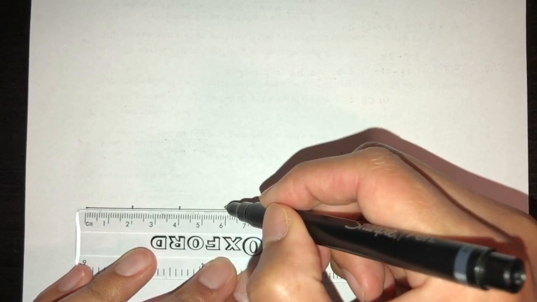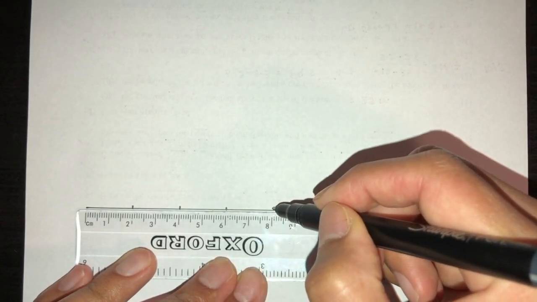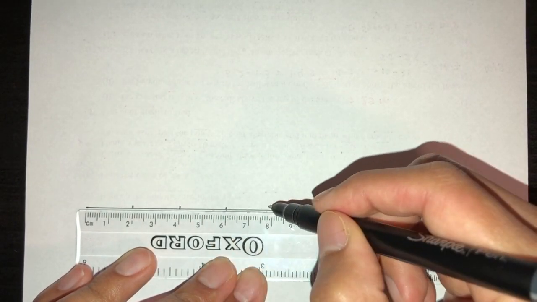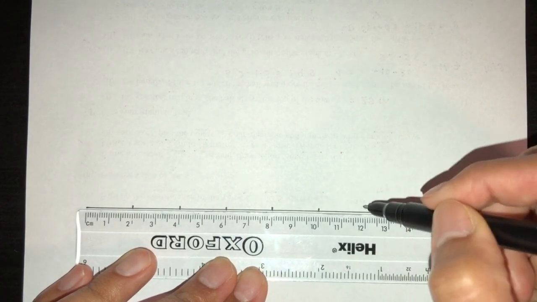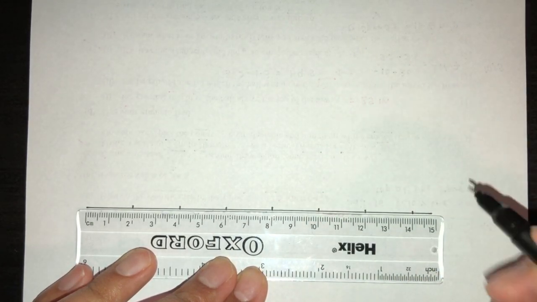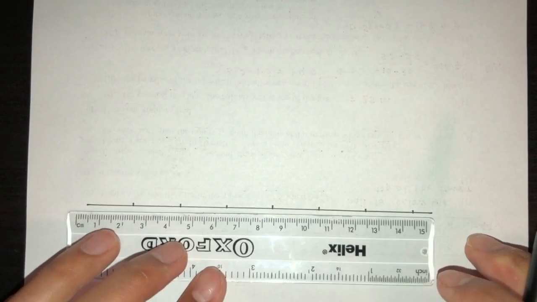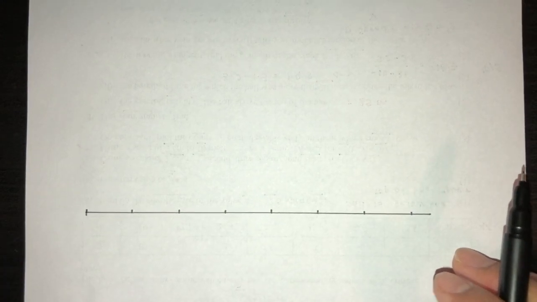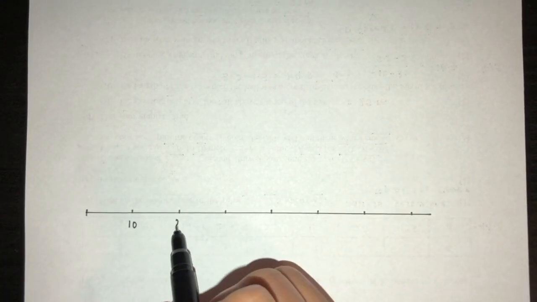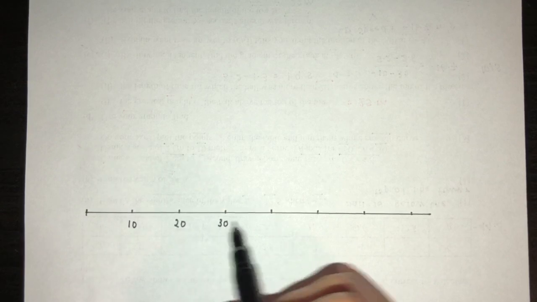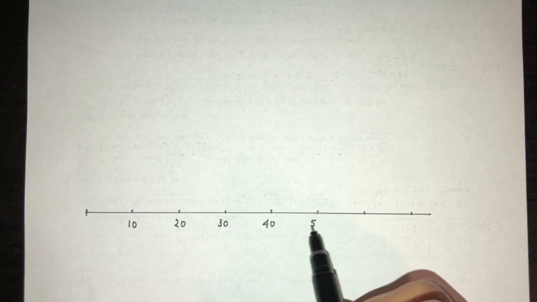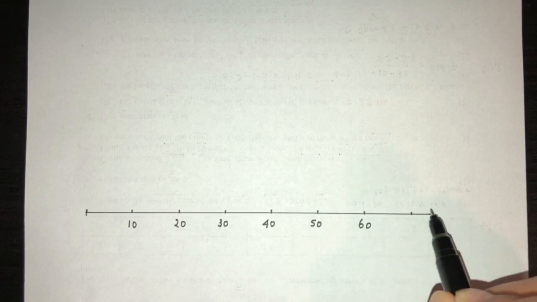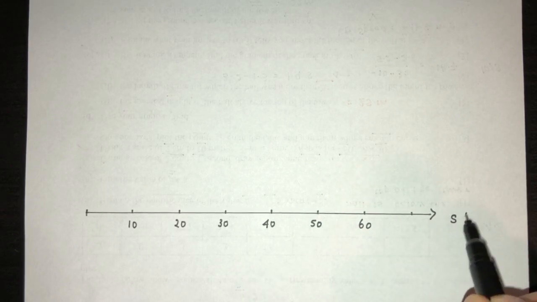That will be 1, 2, 3, 4, 5, 6. So I think I can stop right here. That will be my 0 here. So it says every 2 centimeters should be 10, that is 10, 20, 30, 40, 50, and 60. That should be for your marks.